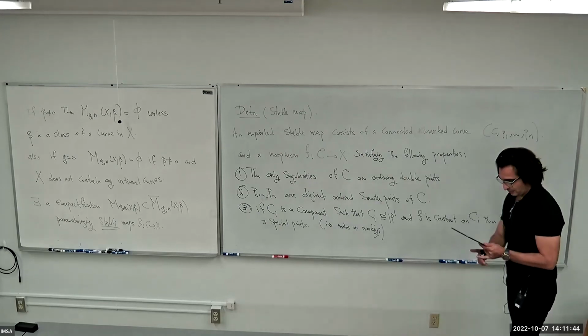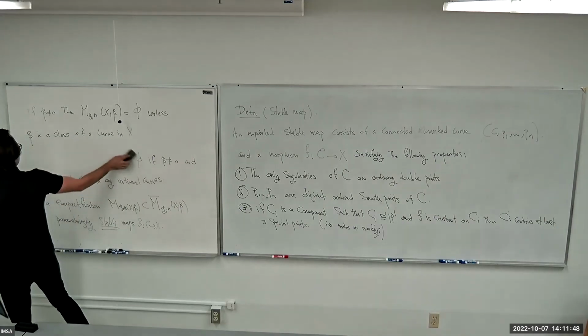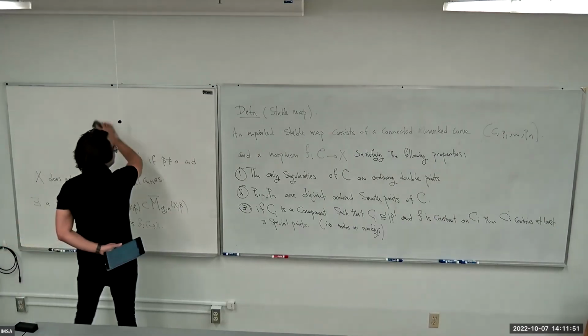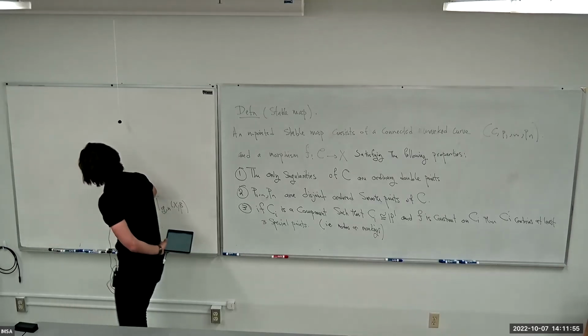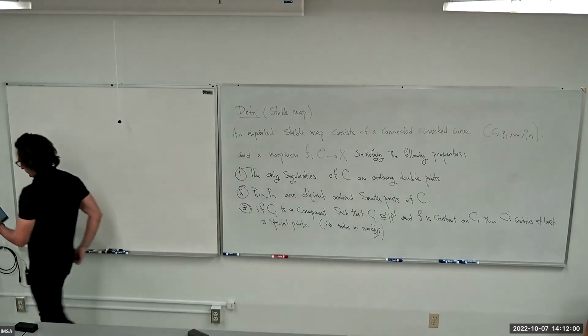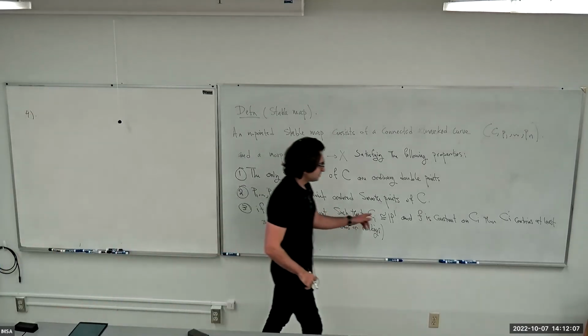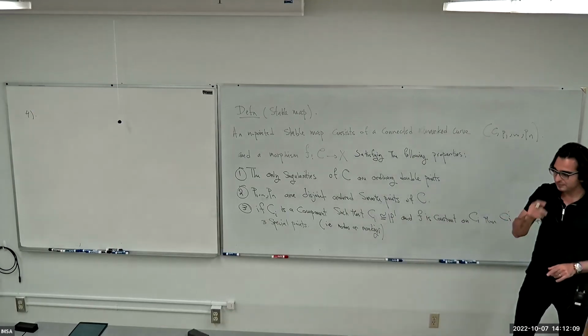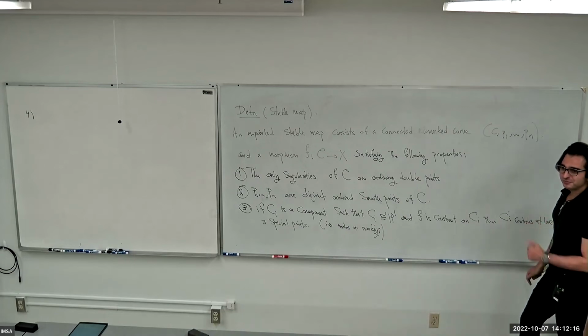Okay. Fourth, now think about it. If f is sending this to a point, and this genus 0 component doesn't have at least 3 special points, I can get infinitely many copies of such maps.